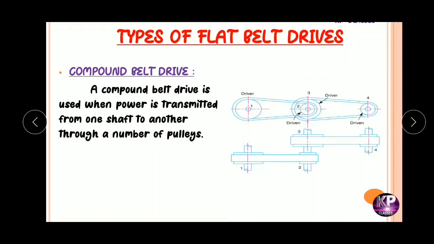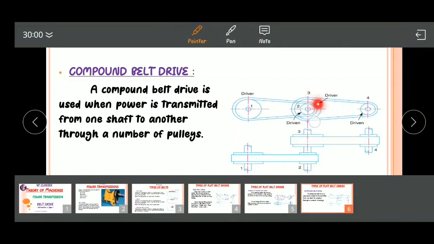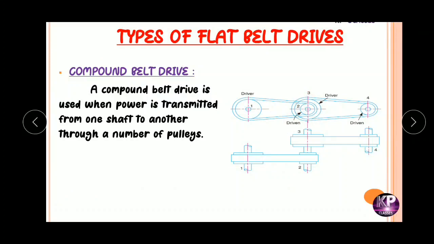One thing to be noted, pulley 2 and 3 are mounted on the same shaft. As a result, when the driver pulley rotates, by means of the belt the pulley number 2 also rotates. As a result, pulley 3 also rotates and the belt drives pulley 4.